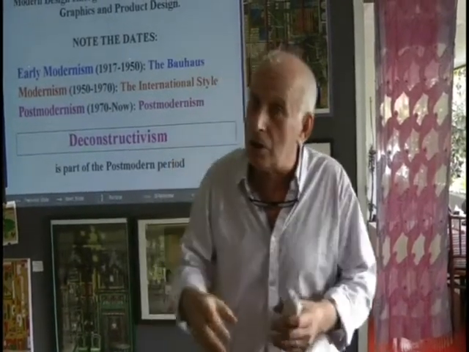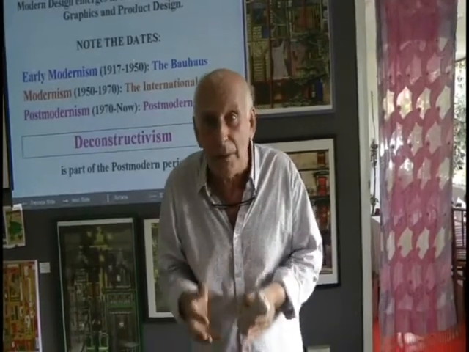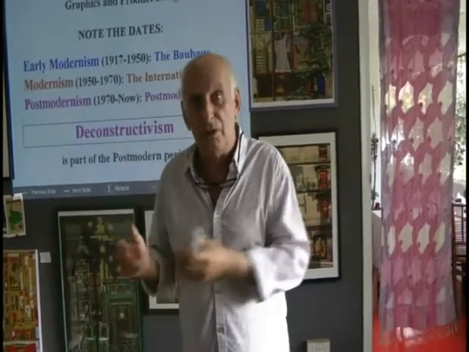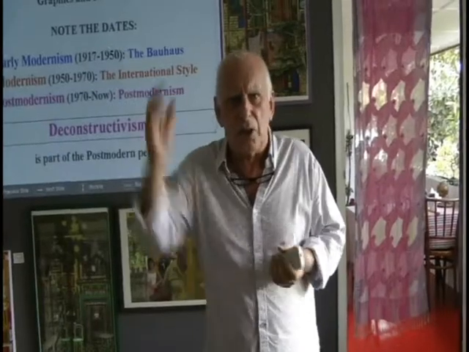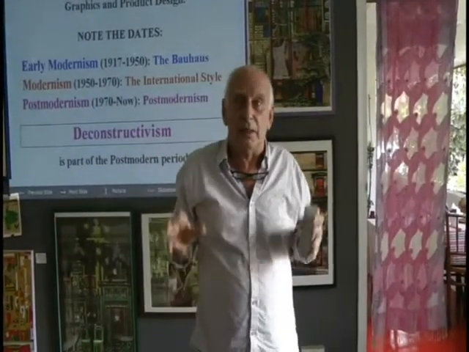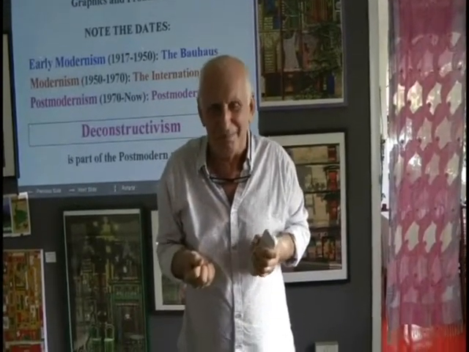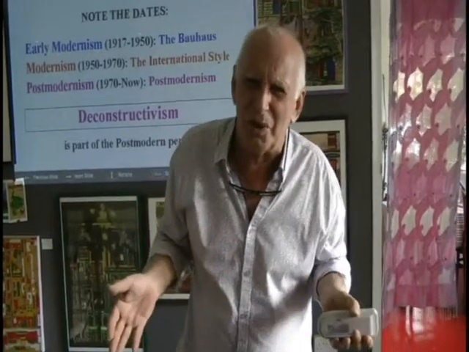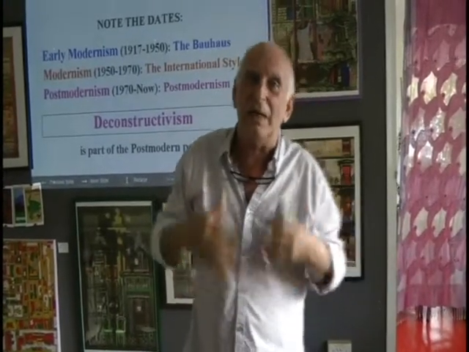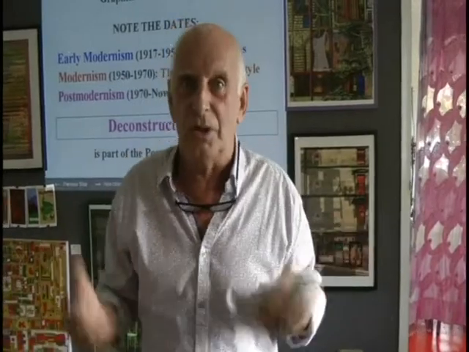In other words, the object is basically a map of its functions, if you see what I mean. In other words, there are no extraneous stylistic or historical elements involved. It simply almost grew out of its functions. This is not true, of course, but it's what their propaganda exercise and their approach to design was.